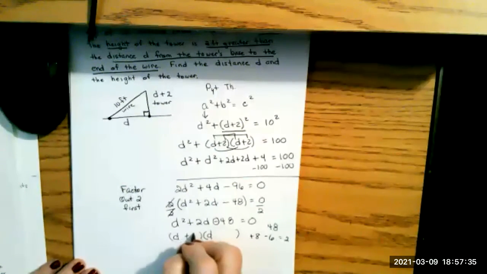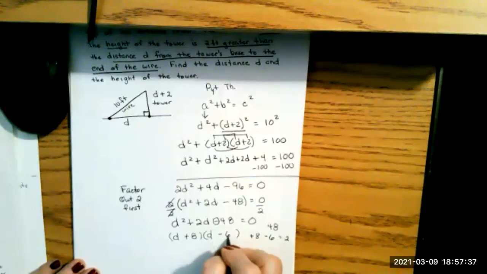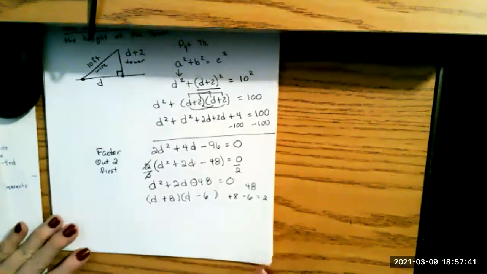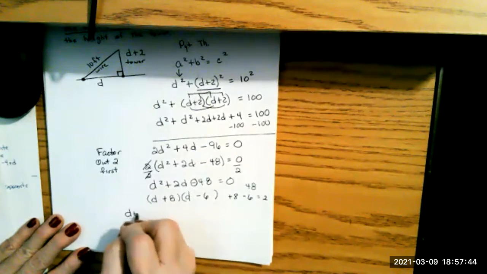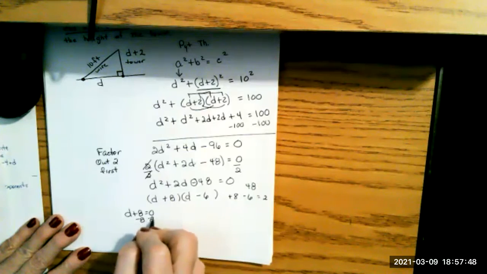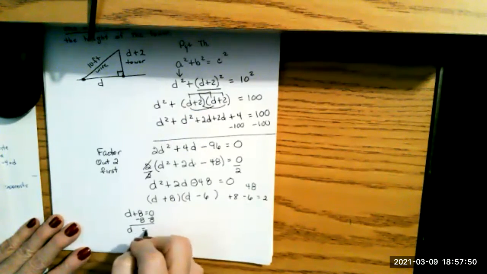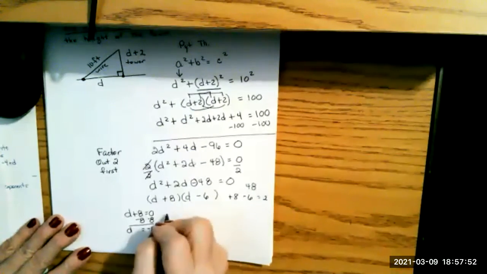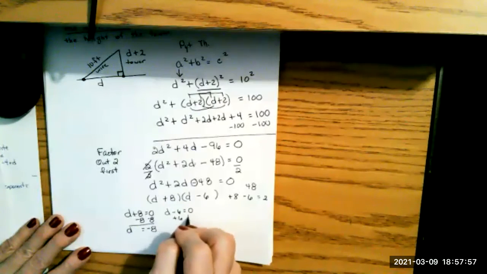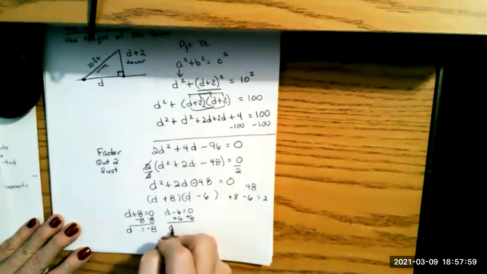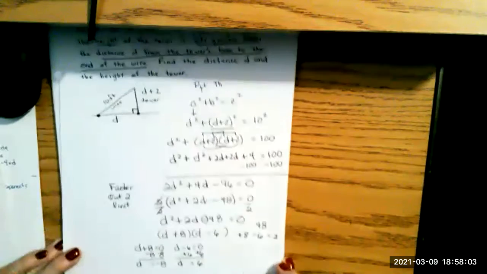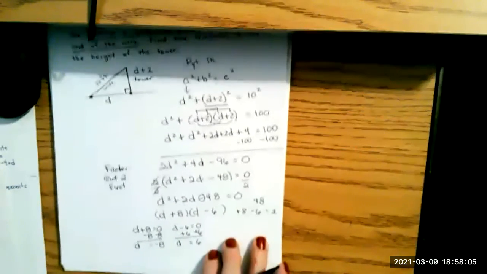So I have a d plus 8 and a d minus 6. So I set each one of those equal to 0. D plus 8 equals 0 gives me d equals negative 8. D minus 6 equals 0, d equals 6.